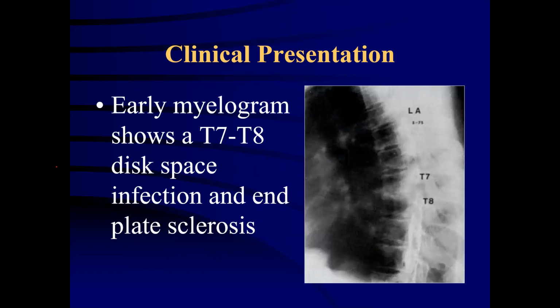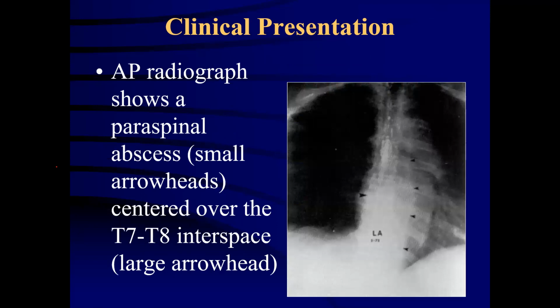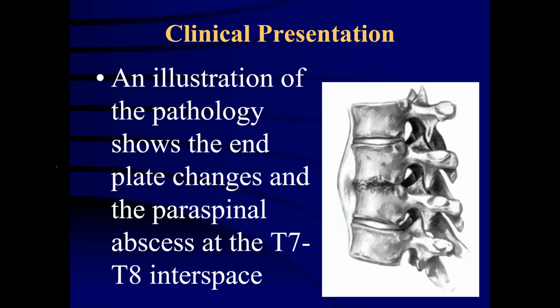Early myelogram shows a T7-T8 disc space infection and end plate sclerosis. You can see it over here. AP radiograph showing a paraspinal abscess at the area of the arrows, centered over T7-T8. This is an illustration of the pathology which shows the end plate changes and paraspinal abscess at T7 and T8.